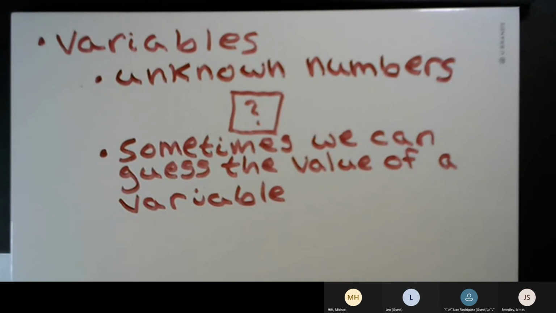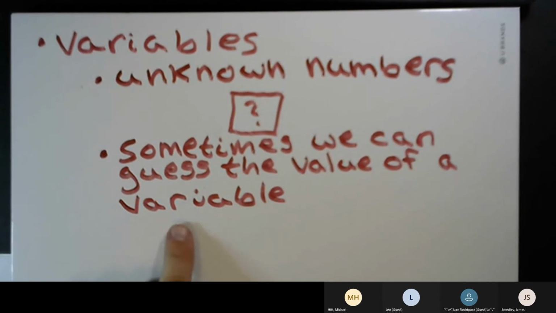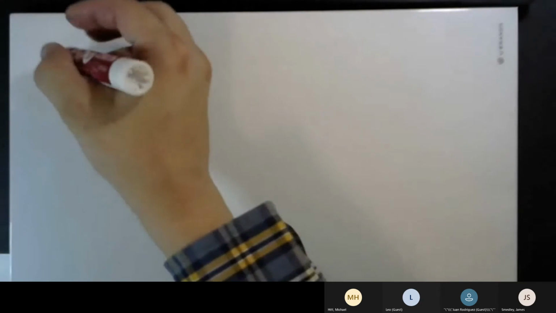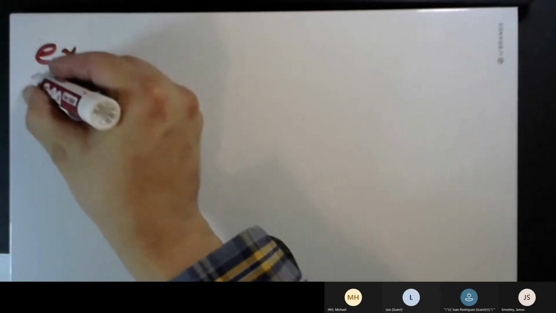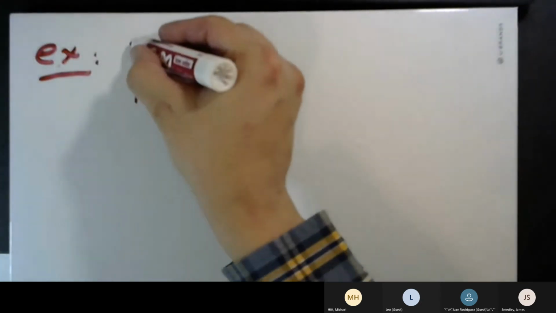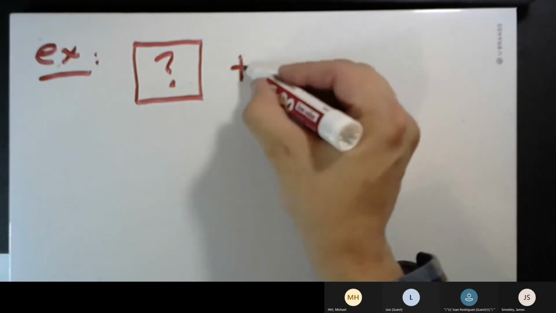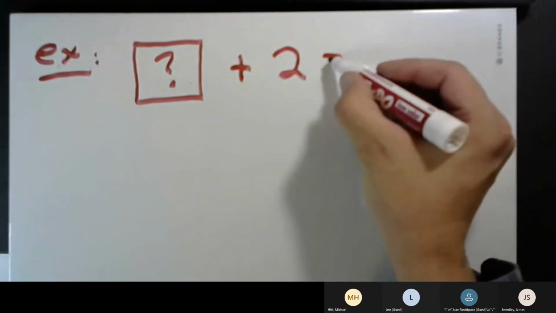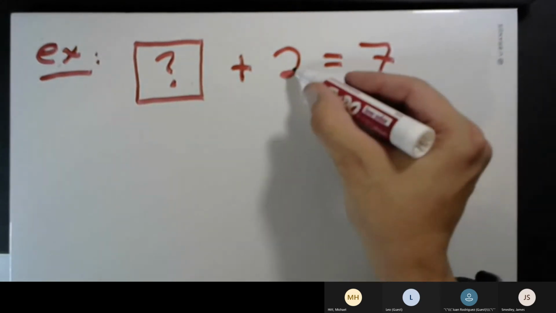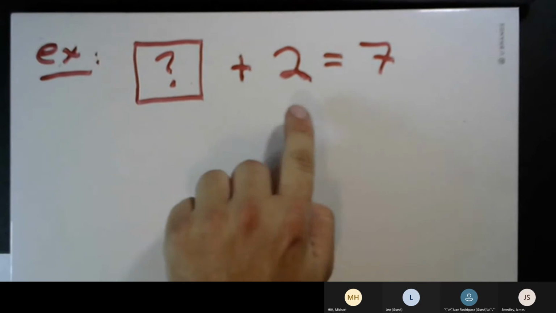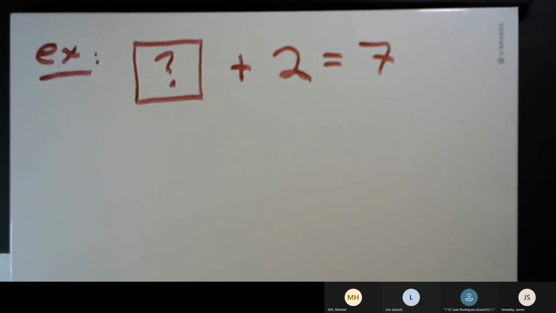And these are basically going to be mathematical riddles. So let me show you what I mean. So some number plus 2 is 7.